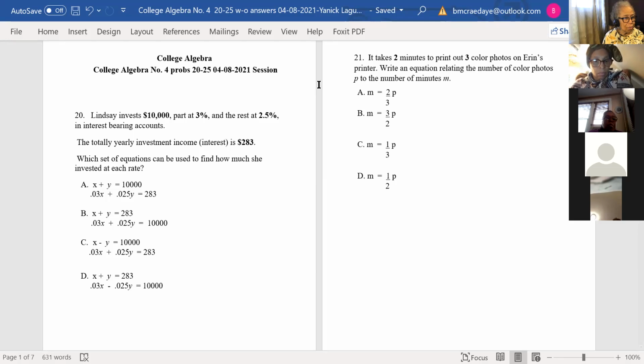What set of equations can be used to find how much she invests at each rate? Okay, now, $10,000 is the total amount she invested in 2 different accounts, right? One had 3%, so this right here is important, okay?